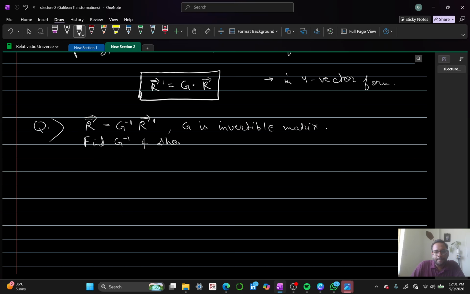Show the inverse Galilean transformation equations. Can you guess what they will be? These are simple.